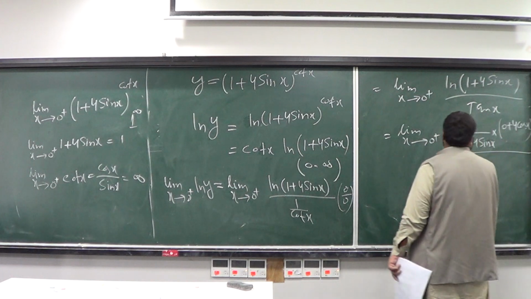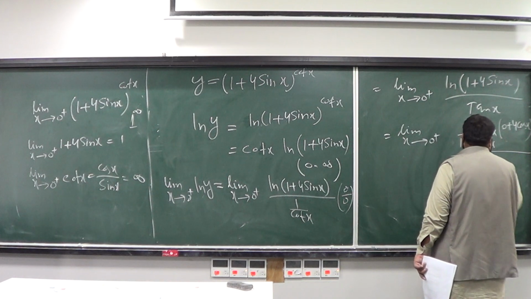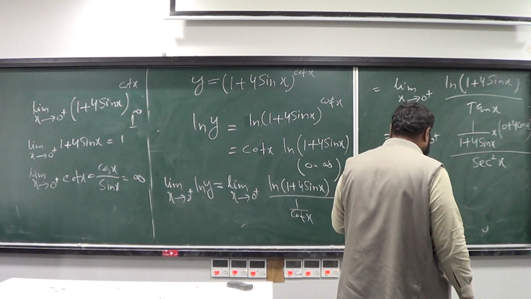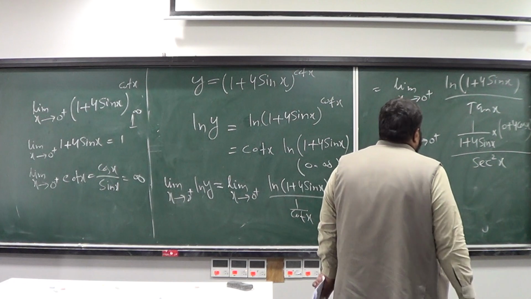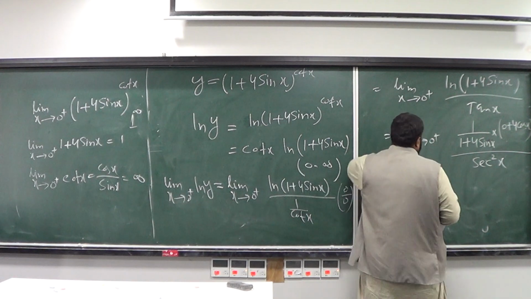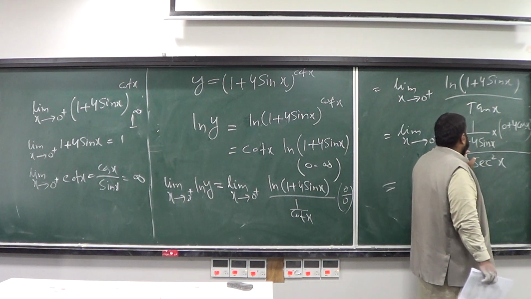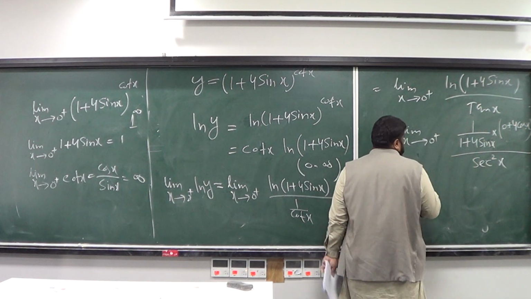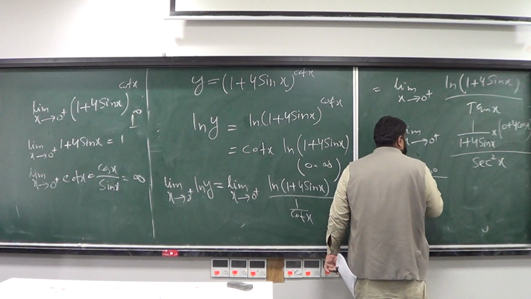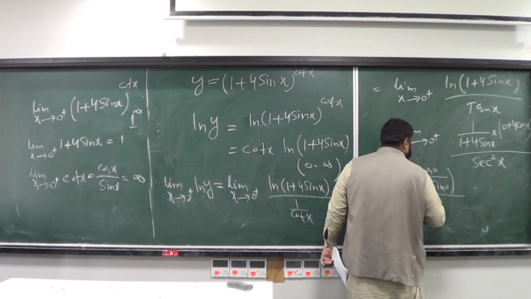Divided by the derivative of tangent x. The derivative of tangent x is secant square x. Now if you substitute the limit, you're going to get 4 cos 0 divided by 1 plus 4 sine 0, divided by secant square 0.